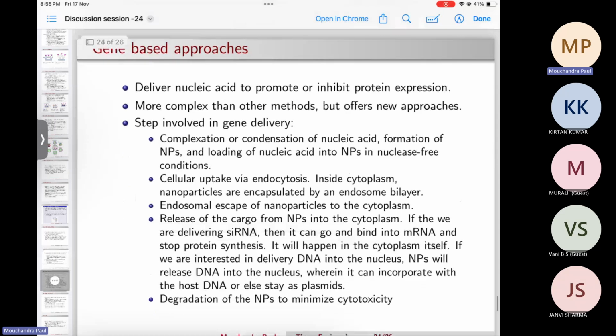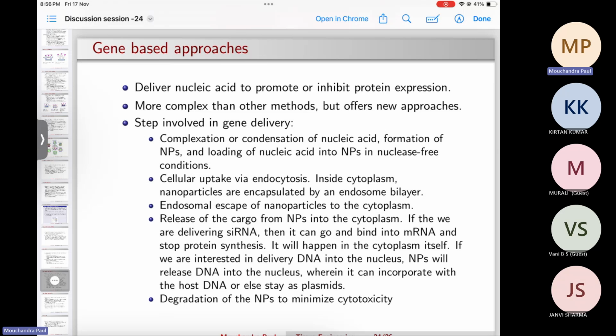Now the last approach that we are going to discuss on how to deliver growth factor is the gene-based approach. Here, rather than delivering the protein, we will deliver the gene encoding that particular growth factor. We can deliver RNAs like siRNAs, or we can deliver DNA, mRNA, so any nucleic acid.